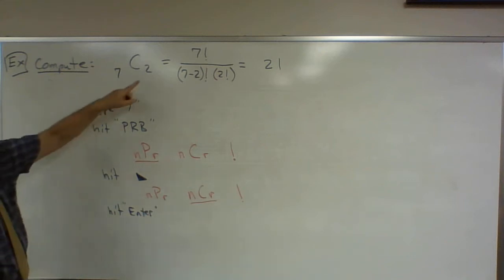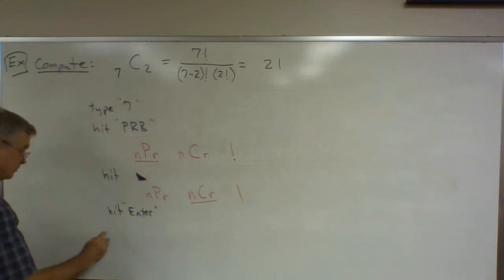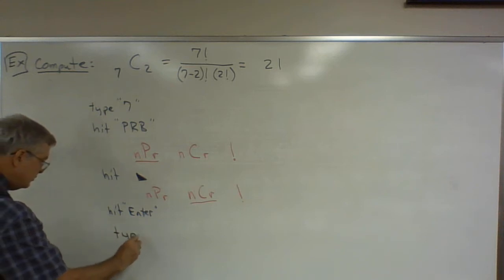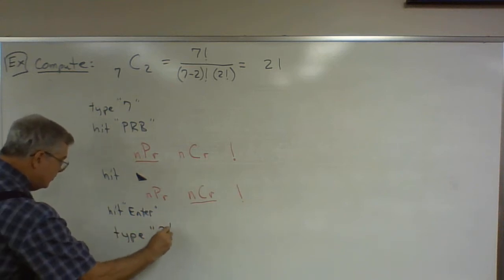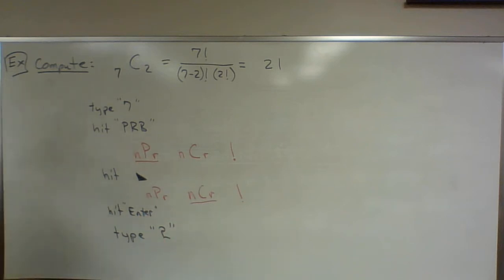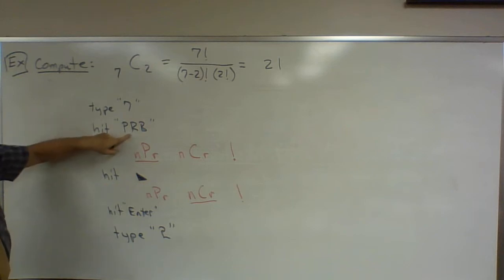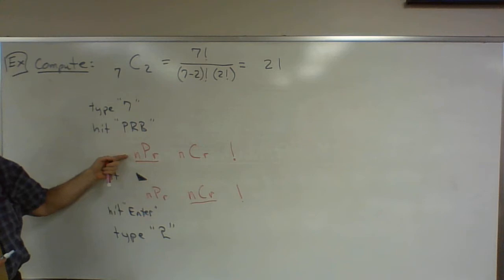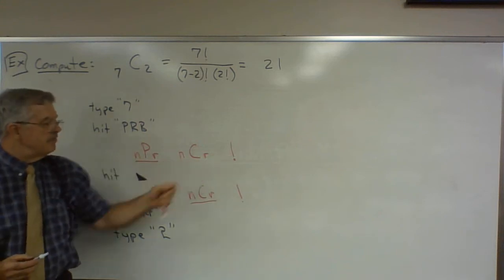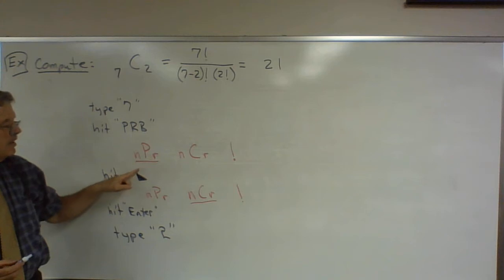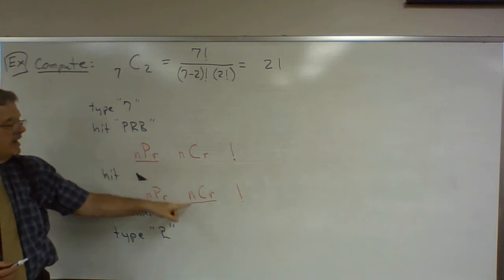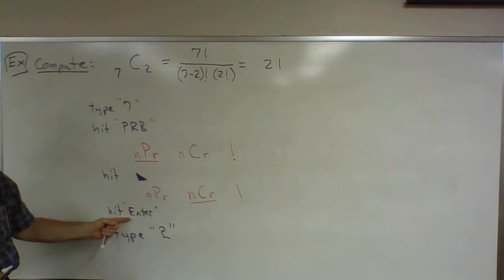And then we'll type the other number 2. So the first thing we do, type the 7. Then hit the probability key. That will take us to a screen where it lets us select one of these 3. With the right arrow button, we'll move the underline to underline NCR. We'll hit enter.